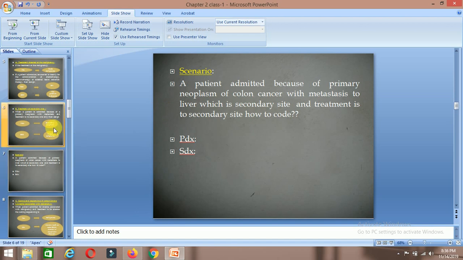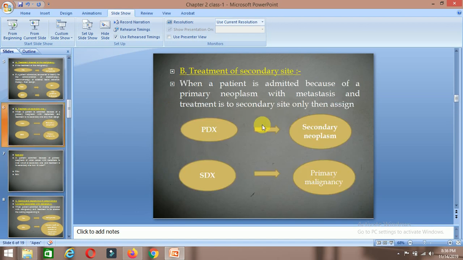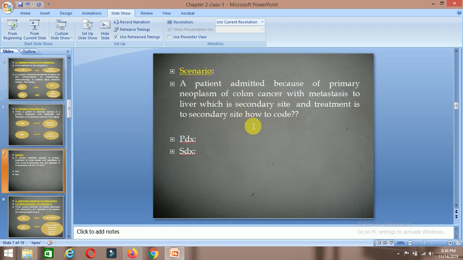So as per the coding guideline here, if the treatment is to the secondary side, the principal diagnosis should be the secondary side, and then the secondary diagnosis should be the primary neoplasm of the colon cancer. So whenever the treatment is to the secondary side, the principal diagnosis should be the secondary side, that is liver.